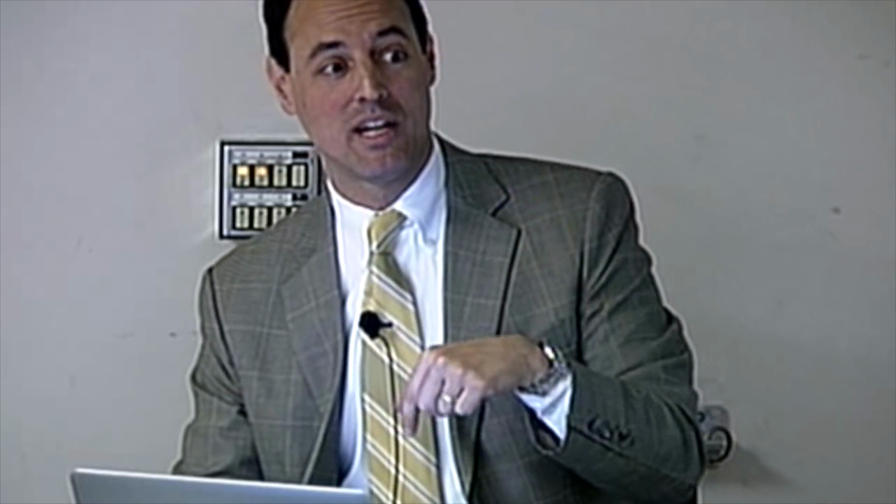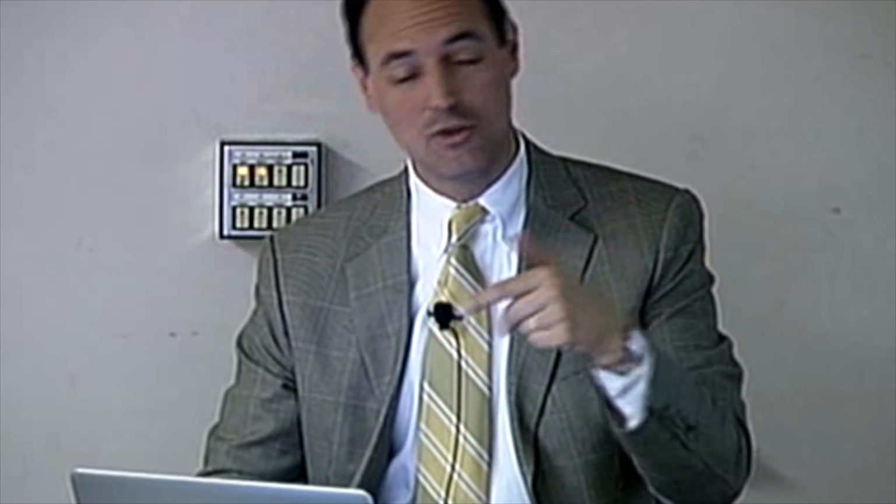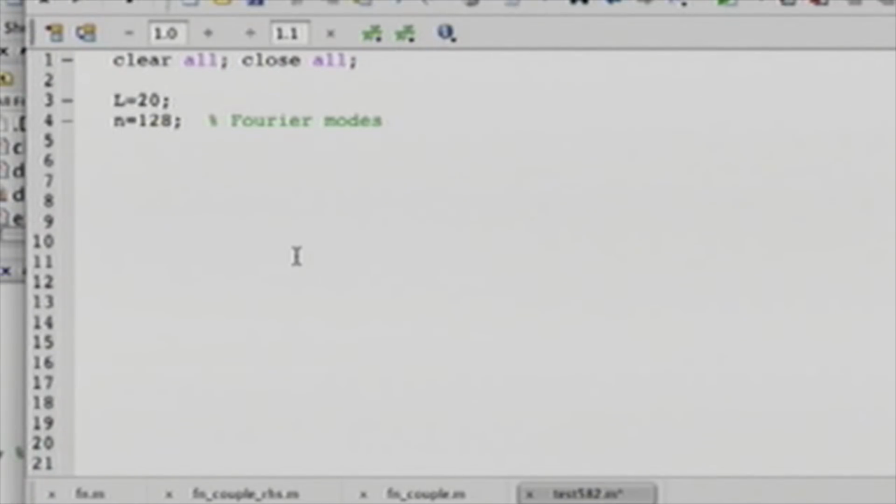These are things like e to the i0x, e to the i1x, e to the minus i1x, plus or minus 2x, 3x, 4x, all the way to 64. That gives you 129 Fourier modes, essentially.